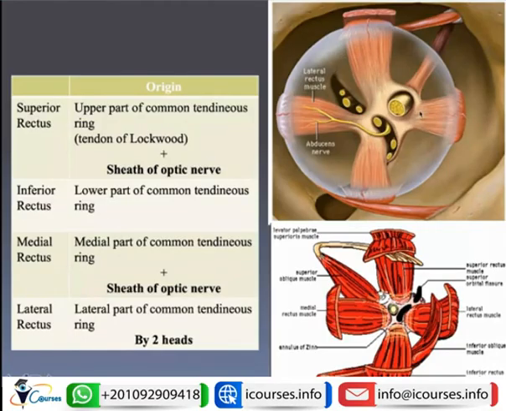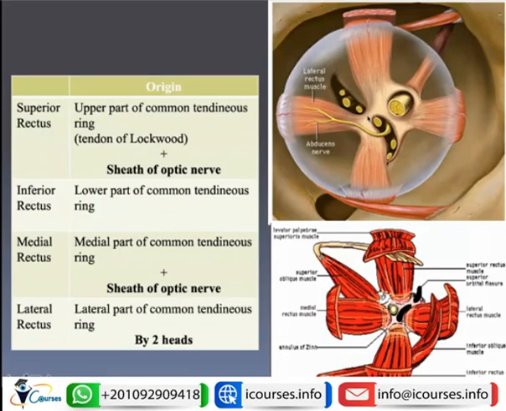The medial rectus will take origin from the medial part of the common tendinous ring, while the lateral rectus is the only muscle that takes origin by two heads. So there are two heads of the lateral rectus, here and here. So it takes origin from the lateral part of the common tendinous ring by two heads.